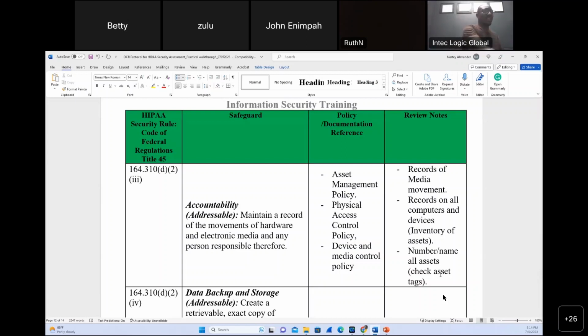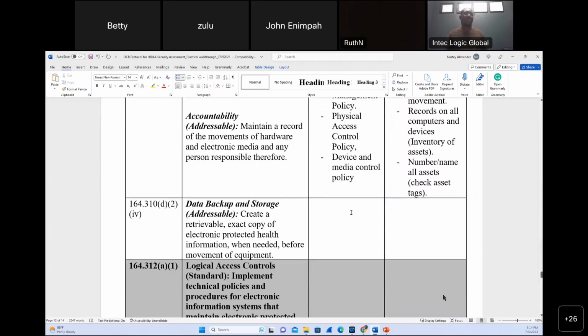Sometimes you can ask for the asset inventory list, then check the tag. Are they the right asset, or is there a rogue? When they say rogue asset, it means a malicious asset that somebody has plugged into the environment, right? So you check whether assets have the right tagging and naming. Those are very, very important during your walkthroughs.